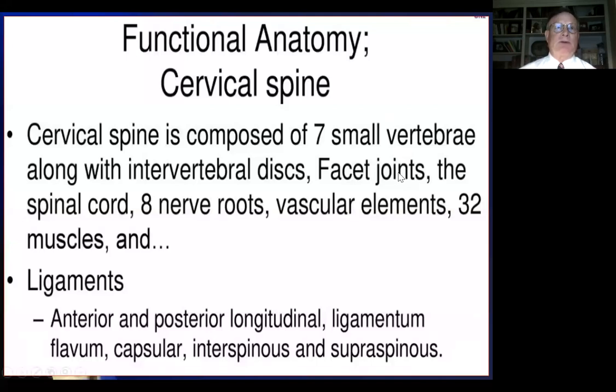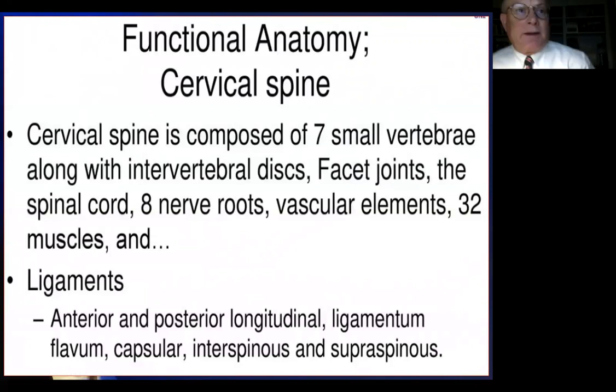The facet joints, obviously. The spinal cord in the cervical region is very thick, where the cervical plexus comes off for the upper extremities, and lower in the lumbar region where the lumbar plexus comes off for the lower legs. It's fairly thin and uniform in caliber in the thoracic area, and that's normal.